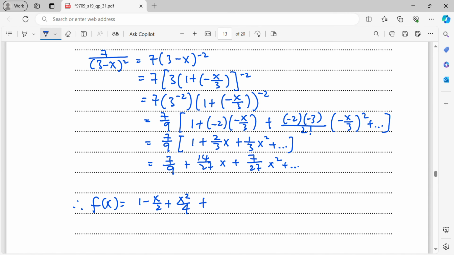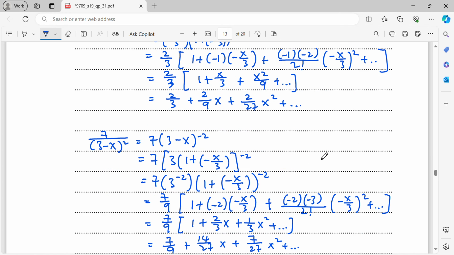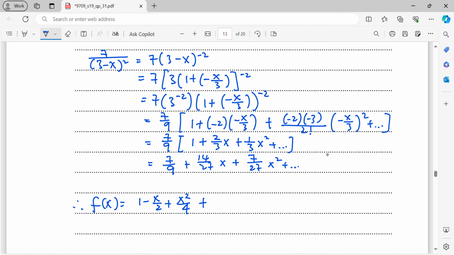Then you plus with the second expansion 2 over 3, 2 over 9x, plus 2 over 27x squared. Then minus the third expansion, minus all these terms. So minus 7 over 9 minus 14 over 27x minus 7 over 27x squared.